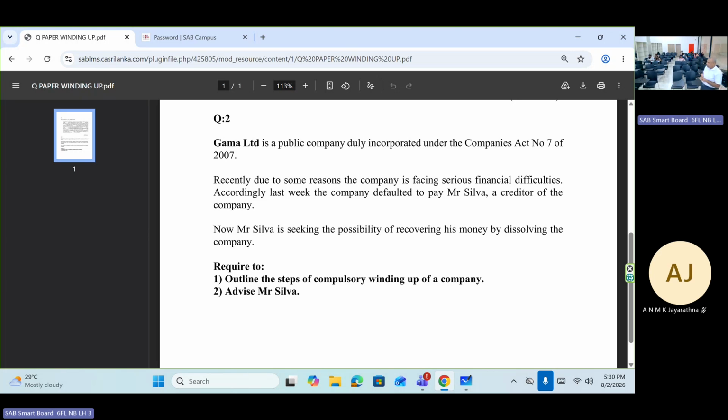Then number 3, the third condition: within 3 weeks' time, the company defaults or neglects to settle the money in full.